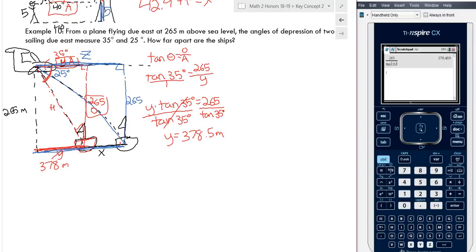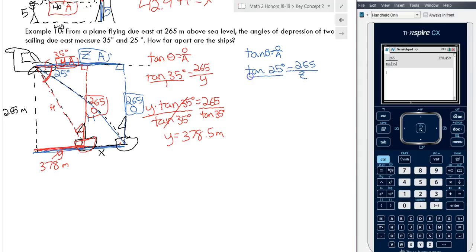So I have my opposite side, my adjacent side, and my hypotenuse. Using the opposite and the adjacent, I'm still doing tangent. Theta equals O over A. So the tangent of 25 degrees equals 265 over z. This should be very familiar, right?